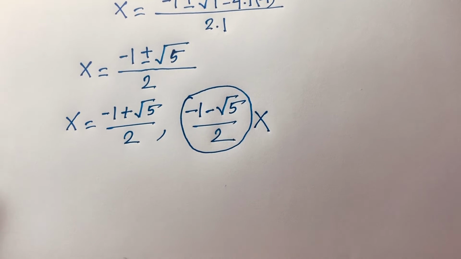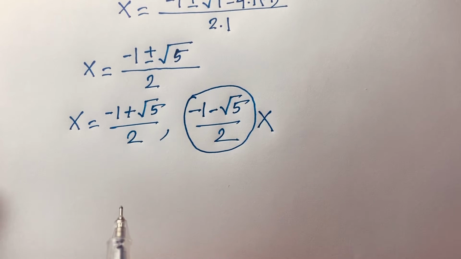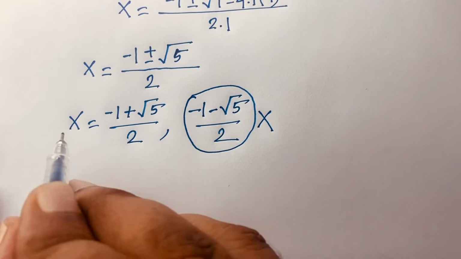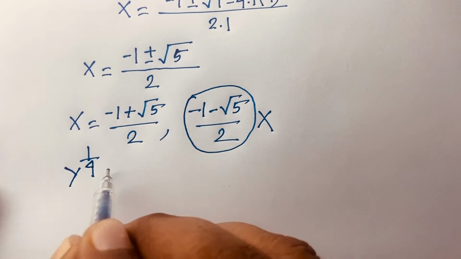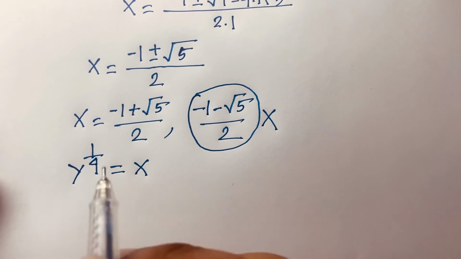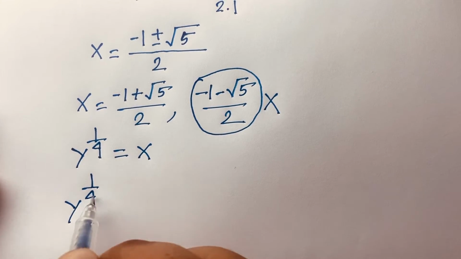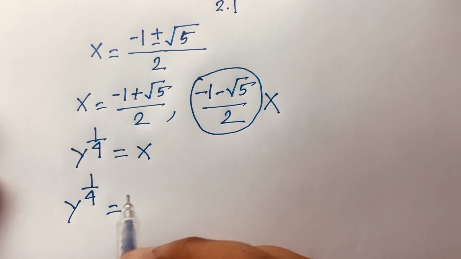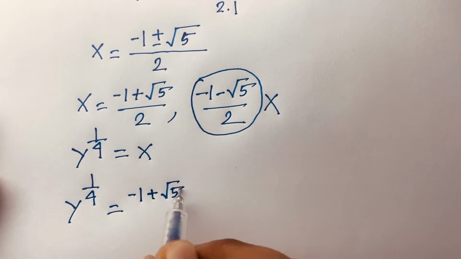But x is equal to minus 1 plus square root 5 over 2 is valid, so y to the power 1/4 is equal to x. If I put this value, y to the power 1/4 is equal to minus 1 plus square root 5 over 2.